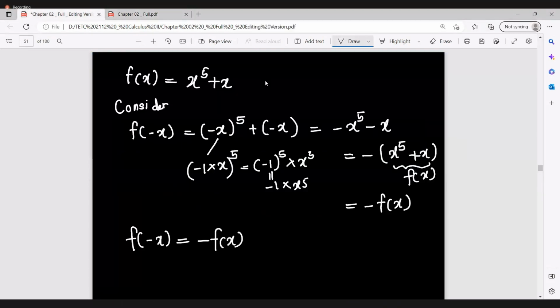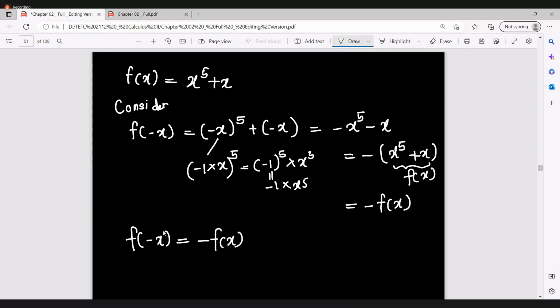If we go back to the previous example, we started from f of minus x and obtained that it is equal to minus f of x. So what is our conclusion?